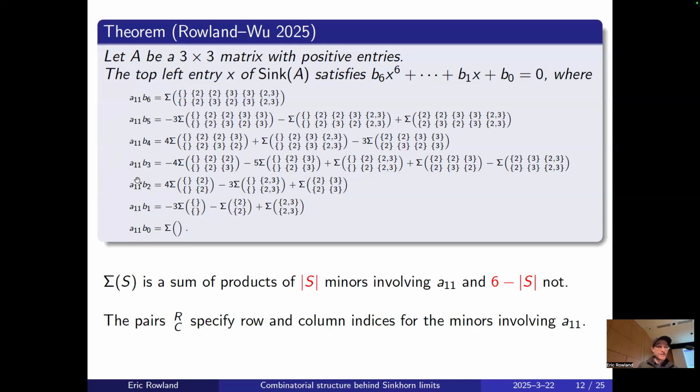And B2 and B4 also have the same coefficients, 4, -3, and 1, 4, -3, and 1. You can figure out pretty quickly why it's this one that has -3 and why that one corresponds to this one. You just take some complements and that works out pretty easily. But why are the coefficients the same? That's a big mystery.